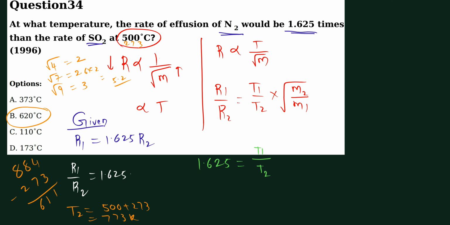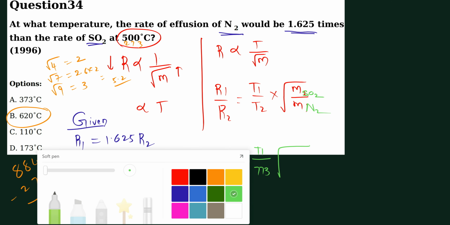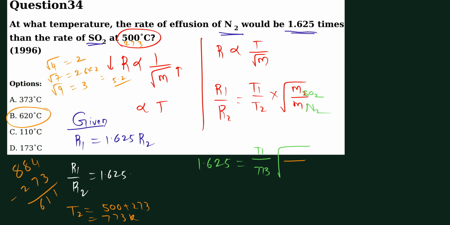The T2 value is 773. So root over the molecular weight of SO2 by the molecular weight of nitrogen. What is the weight of SO2? Just now we calculated it, 64, and nitrogen molecular weight is 28. So 1.625 into 773 equal to T1.